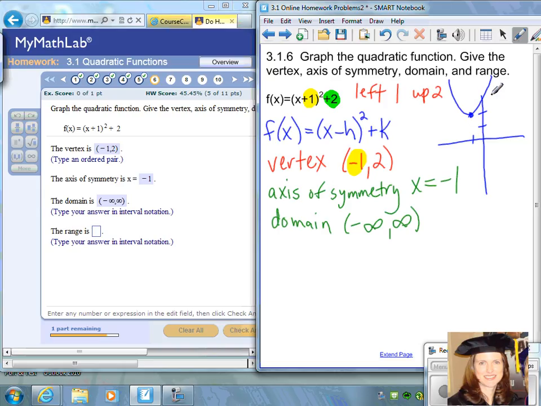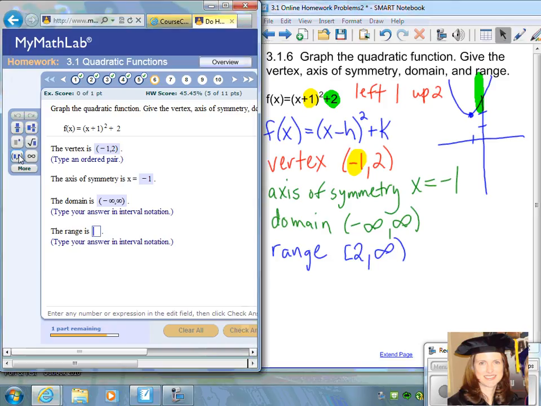So the range would indicate how low the graph goes and how high the graph goes. The lowest y value is going to be +2 and the highest y value is going to be infinity. So from 2 to infinity, that's going to be our range, low to high.